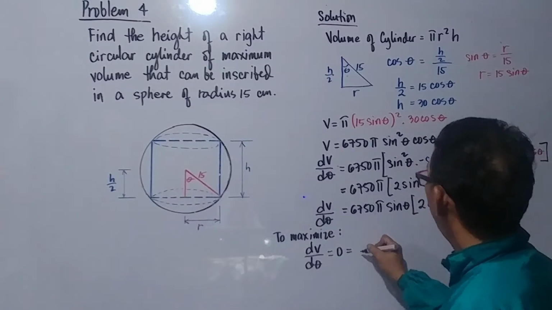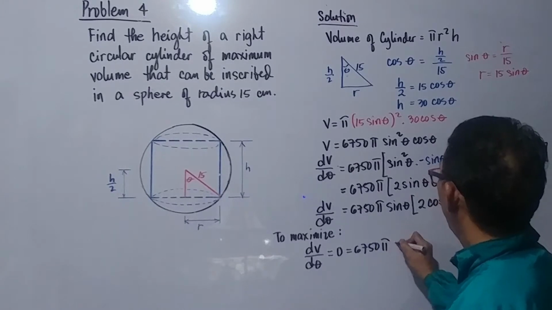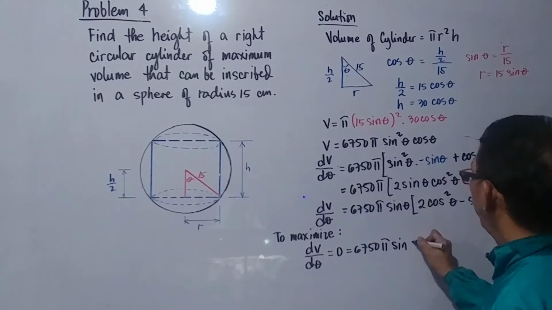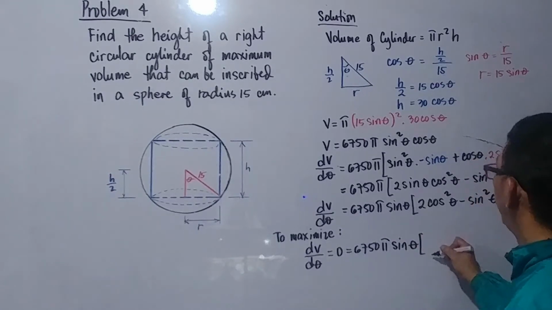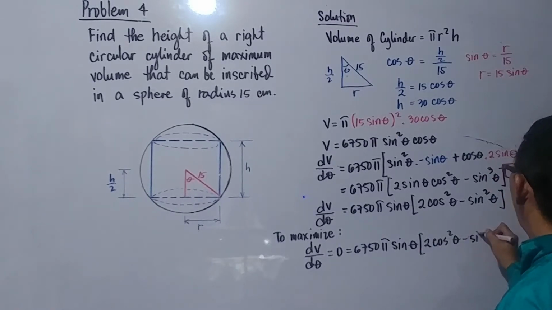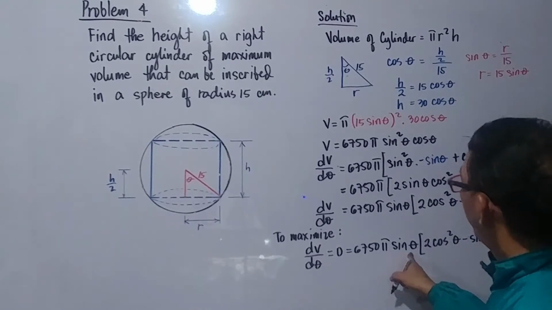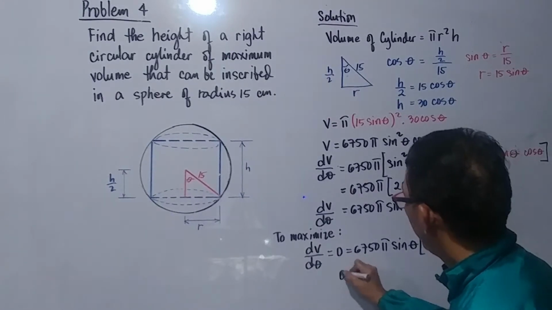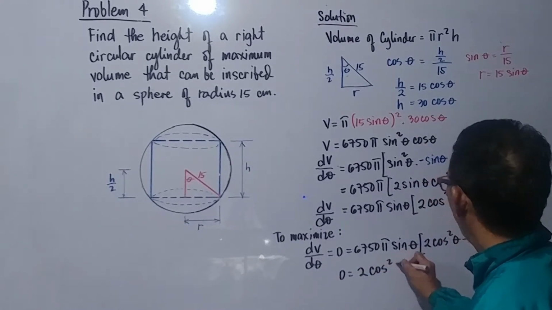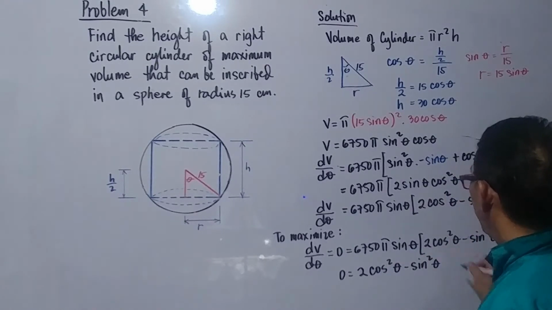So we have now 6750 pi sine theta times 2 cosine squared theta minus sine squared theta. Bring this to the lower side: we have now 0 equals 2 cosine squared theta minus sine squared theta.